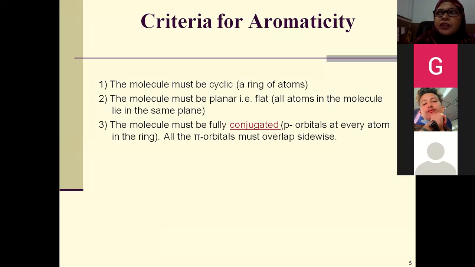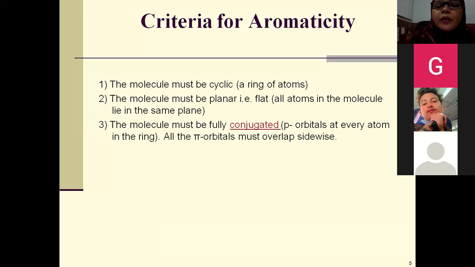So complete conjugation होना चाहिए, and in that case a p orbital at every atom will be present. All the pi orbitals must overlap sidewise. I will show you how these pi orbitals overlap and what the p orbitals are. You must have studied s, p, d, f orbitals, ये तो पढ़ा होगा आपने.